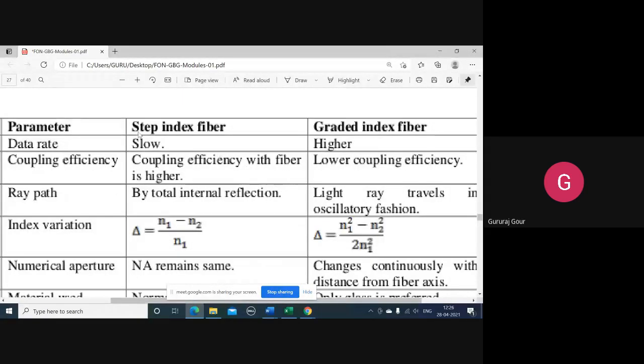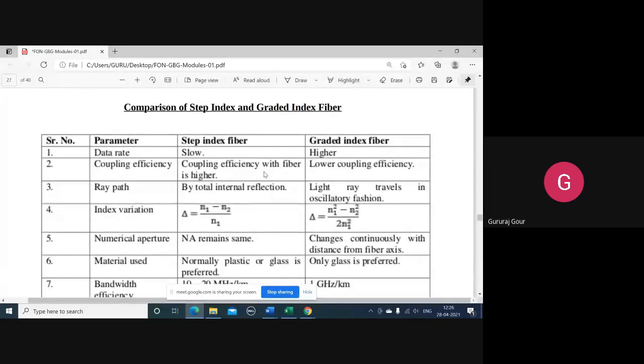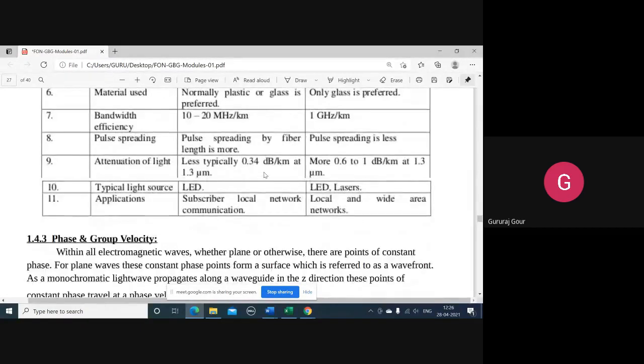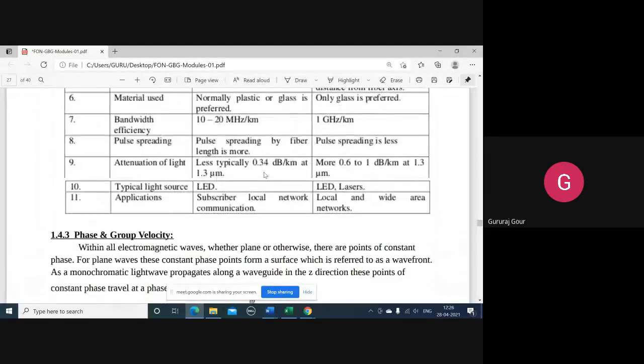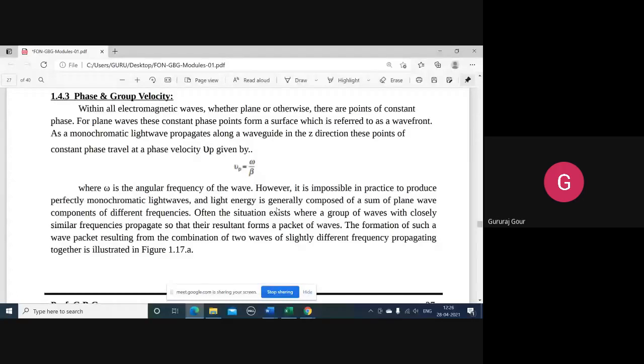Step index single mode or multi-mode, graded index single mode or multi-mode. Like that, we can categorize different types of optical fibers or modes in planar guide. So this is the comparison table. I want you to practice this one. This is what I actually wanted to cover in detail with the audio to be recorded.